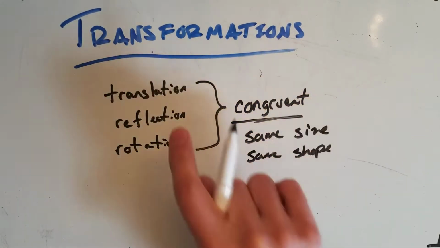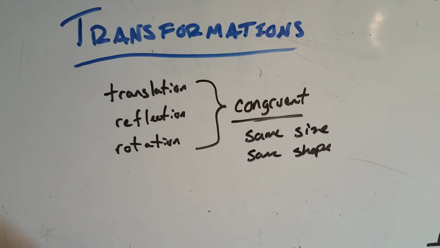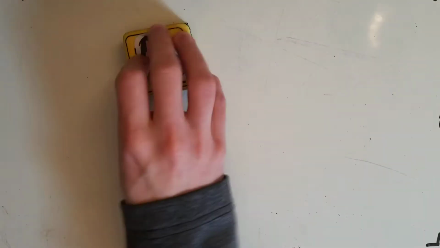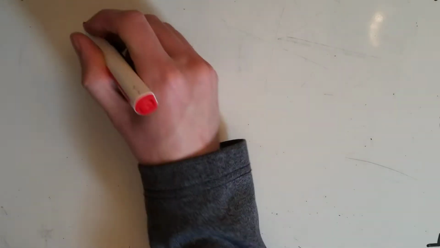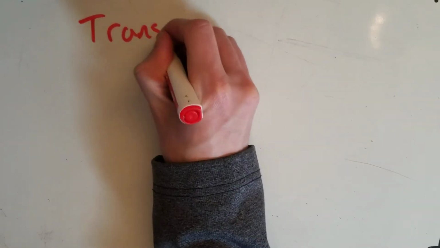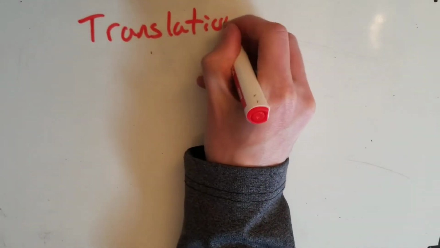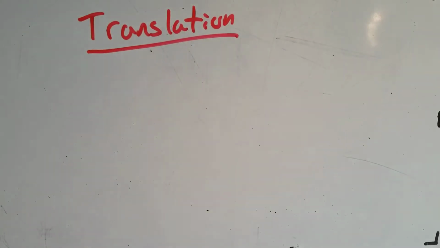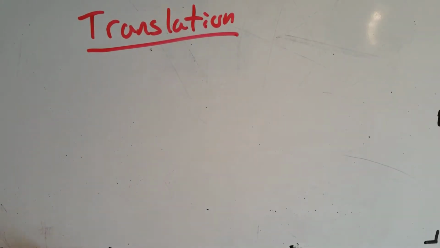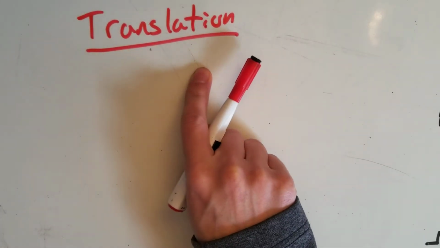And today we're going to focus on a translation and what that is. We have transformations, but we're going to go into a special type of transformation, and that's called a translation. If you're following along with the slides, it says on here, a translation is a slide.